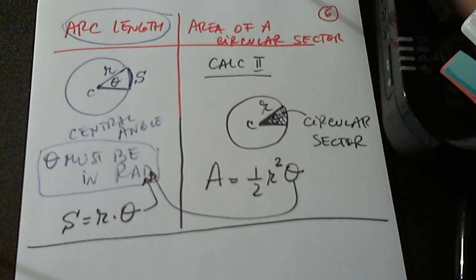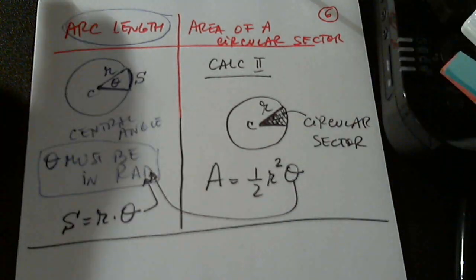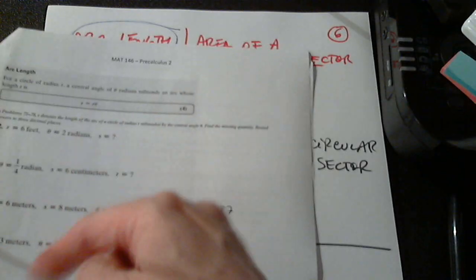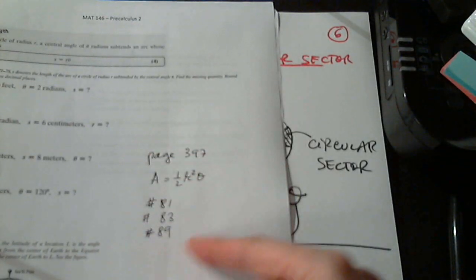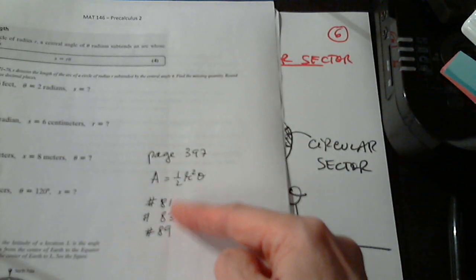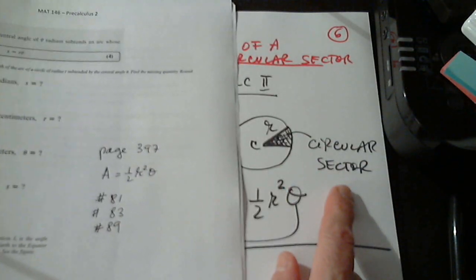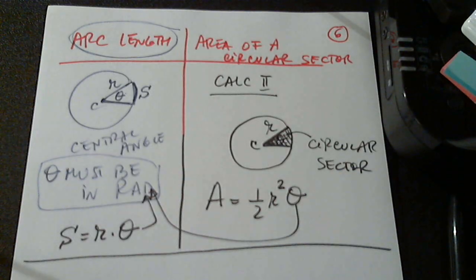Any questions? Any questions for me, please? Okay. So we have a few examples on the handout, and then separately I chose a few examples with the formula for the area of the circular sector. I can bring up the handout. You can choose from the handout, or we can just go directly to the book.